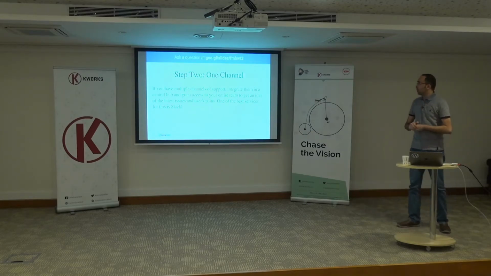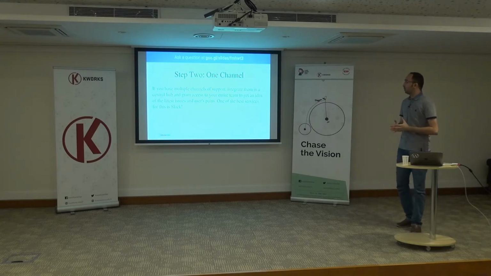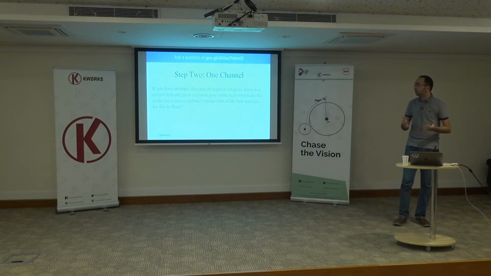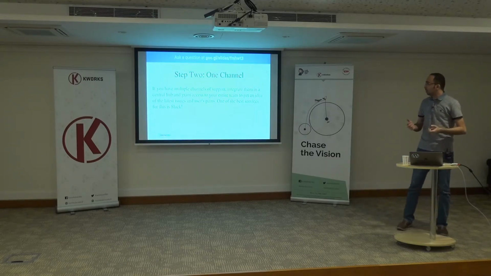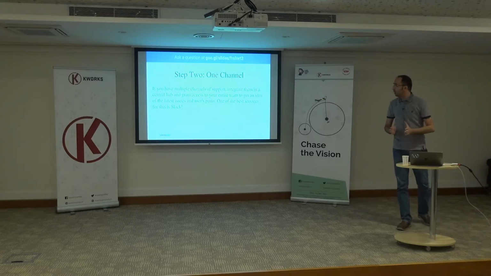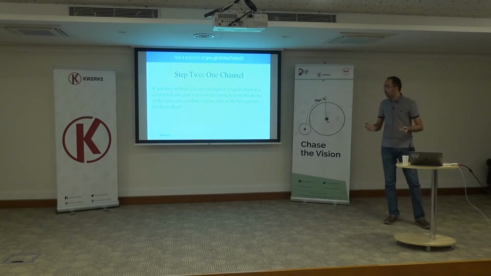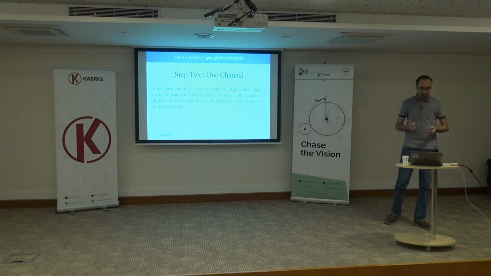Step 2, one channel. If you have multiple channels of support, integrate them into a central hub and grant access to your entire team to get an idea of the latest issues and user pains. One of the best services we can use is Slack.